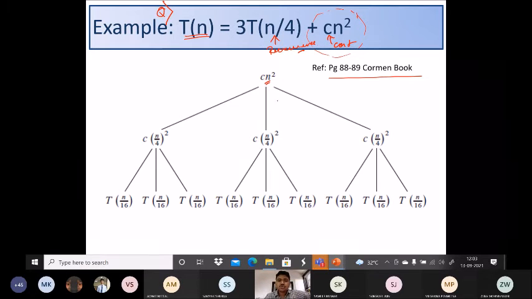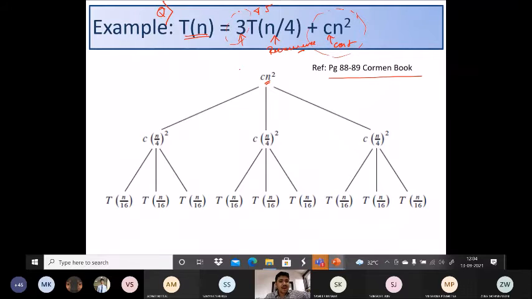One thing I forgot. This is a tree, so how many branches should you make? You should make that number of branches. If 3 is written, you will make 3 branches. If 4 is written, you will make 4 branches. If 5, then 5 branches, and so on. How many branches have you drawn here? 3. Why 3? Because 3T, so it will be divided into 3 parts.